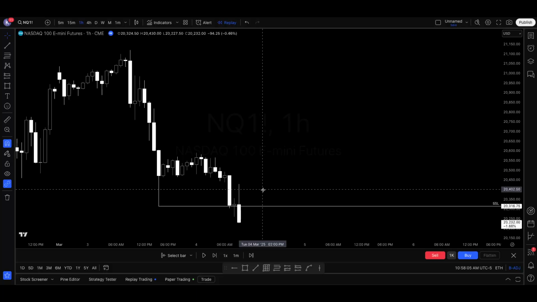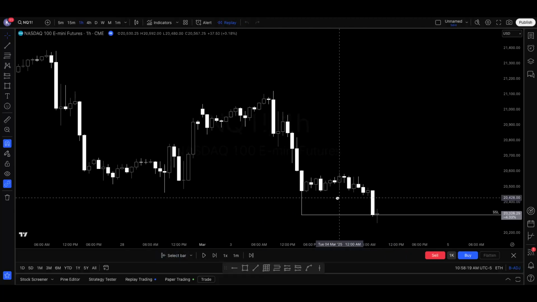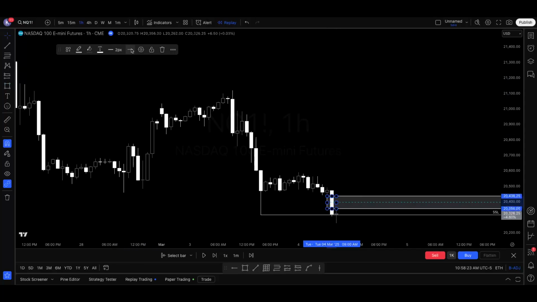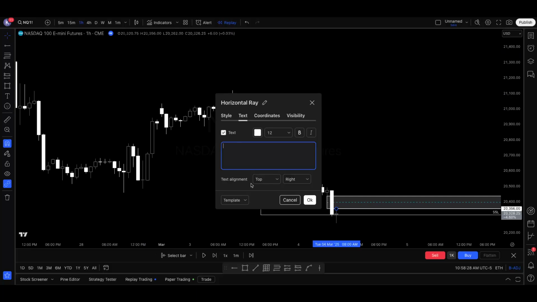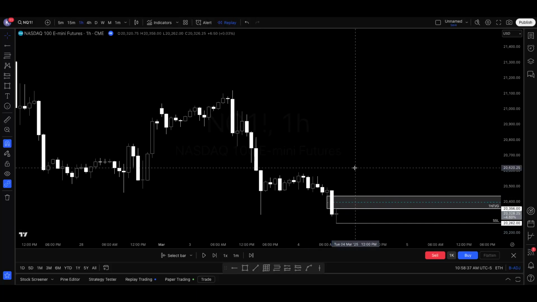If price starts to respect this 1 hour fair value gap, then I could see us coming back down to these lows from this morning that were created before market open. So now I have this 1 hour fair value gap to play off of in the New York session, and if we get a reaction inside of here, I want to look for a price signature that could help us identify that price is ready to go short.